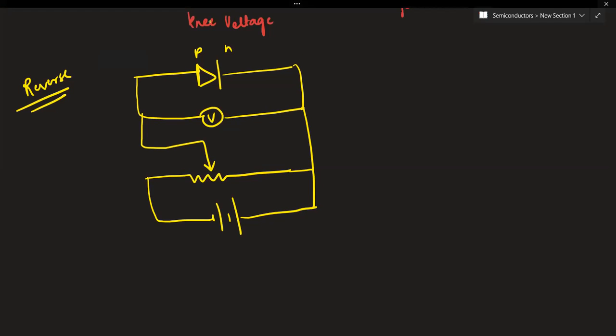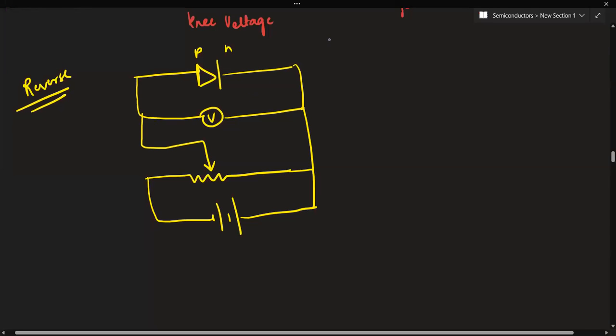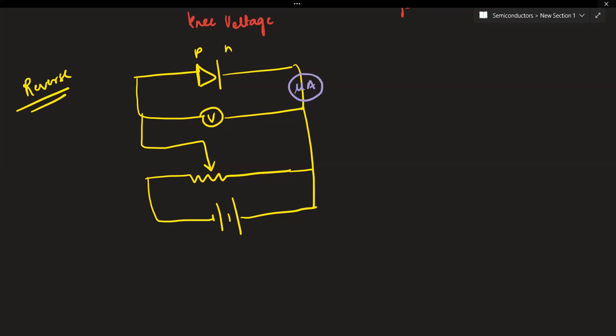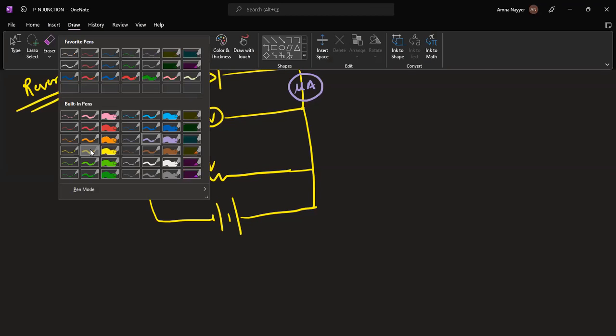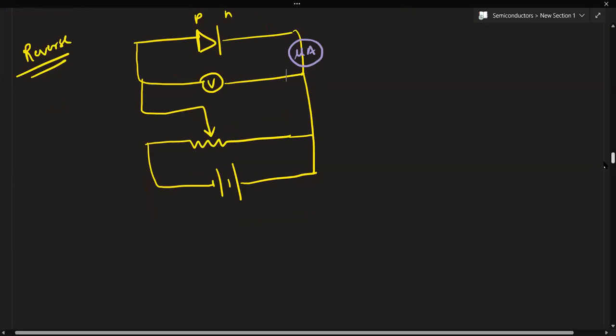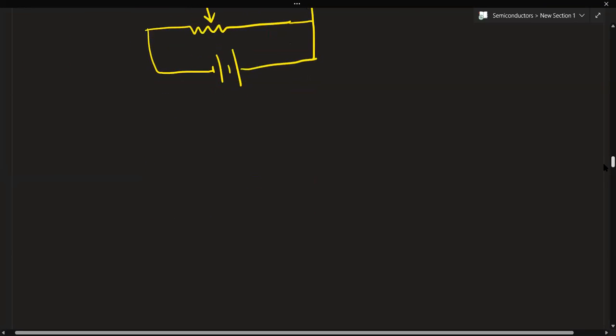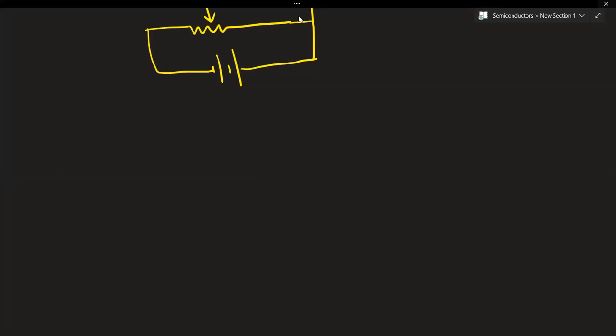Now see, in case of reverse bias, the ammeter will measure the current in microamperes. How did it measure in case of forward bias? Milliampere. Yes, milliampere. In case of reverse bias, it will measure in microampere because the current will be lesser.